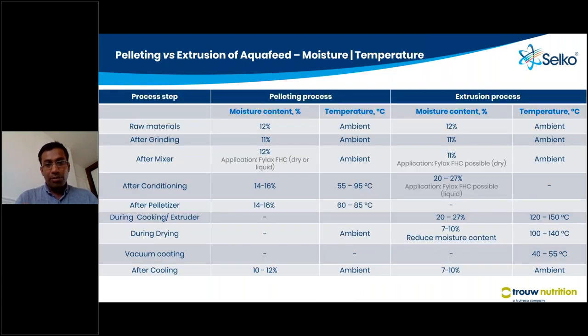This is the general moisture and temperature profile of the pelleting process for aquafeed, and also of the extrusion process. You start with the raw material at roughly 12% moisture or less, and in the pelleting process you start grinding and you lose some moisture. You don't want to lose it because you are using a pulverizer. But there is an opportunity to add some more in the mixer through special surfactants to increase the penetration of moisture, and then at the end you are able to get a better moisture level.